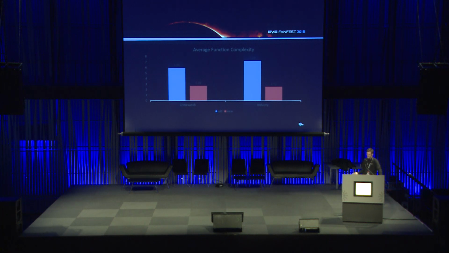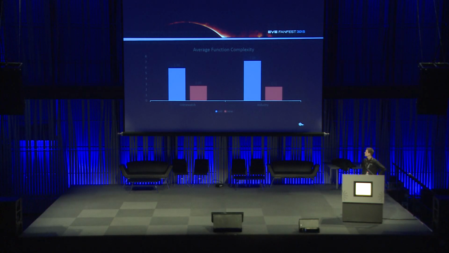The average function complexity is, I think, one of the most relevant metrics in there, because it speaks about how much logic each unit holds. It's basically how much you can process at the same time. How big a world do you have to build up in your head to understand it?